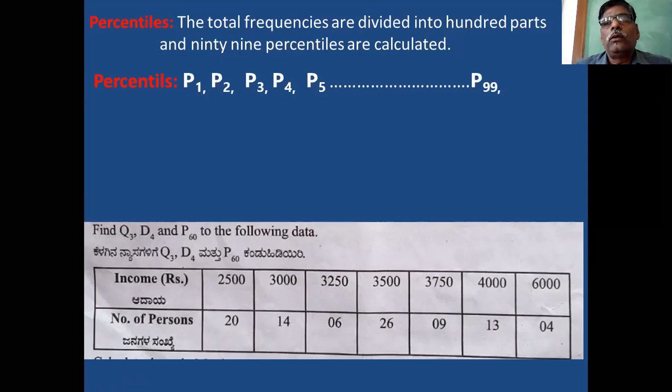All those 99 values are called percentiles. And they are denoted as P, and the required percentile is denoted by R, small r.